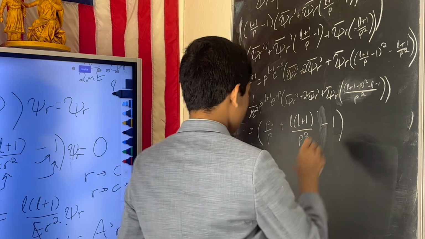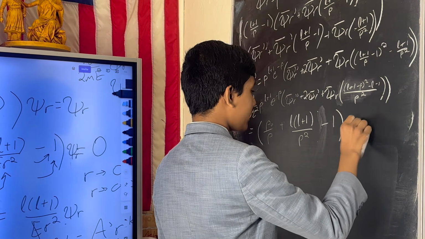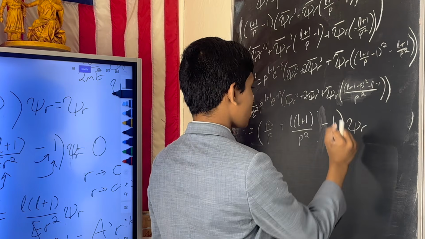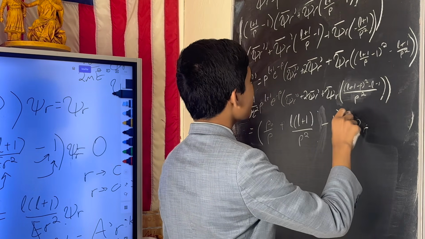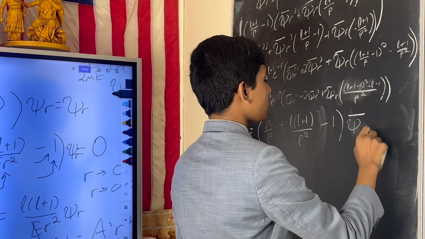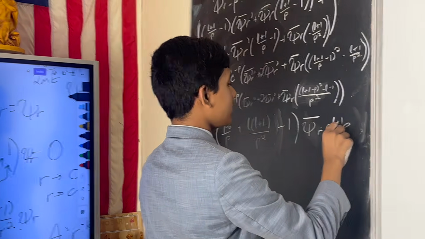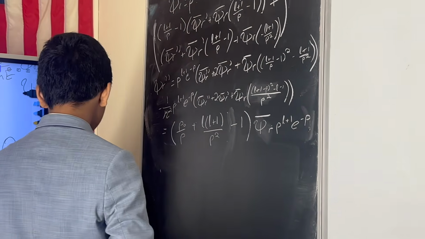So, this multiplied by psi r, which is psi r over line, multiplied by rho L plus 1 e to the minus rho.